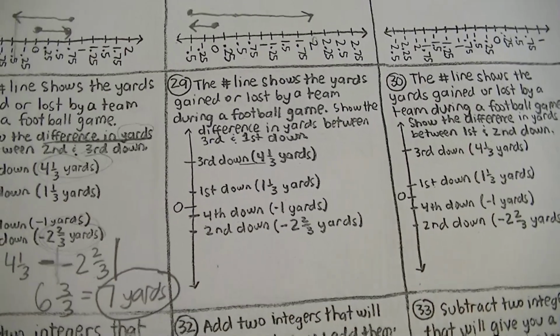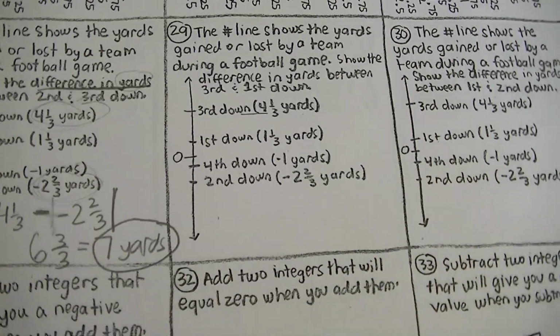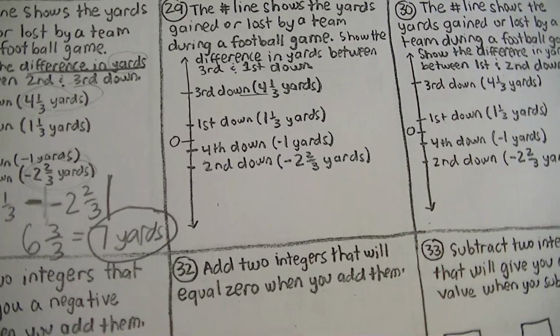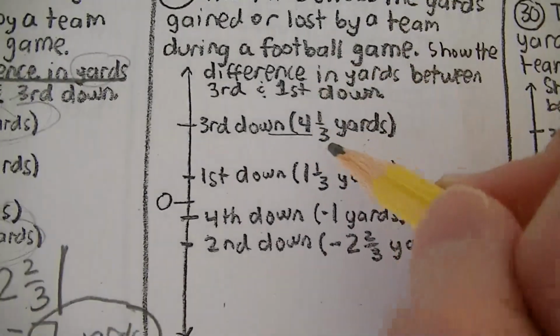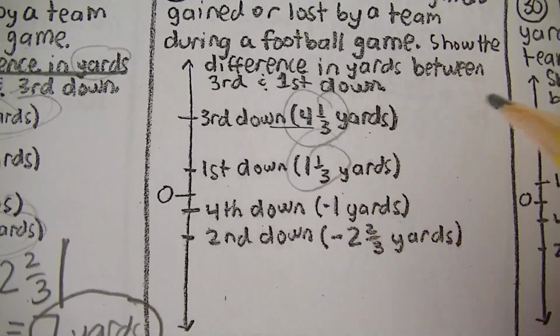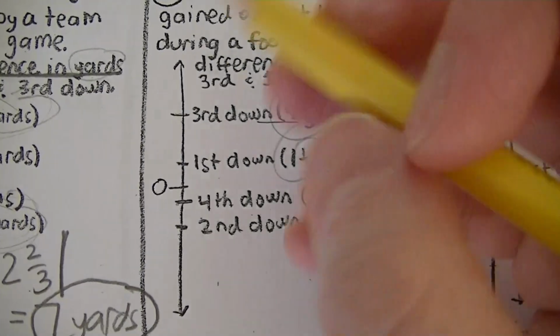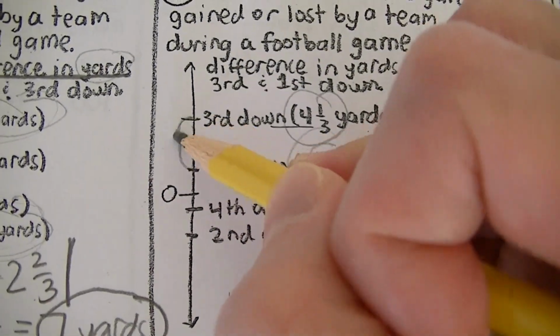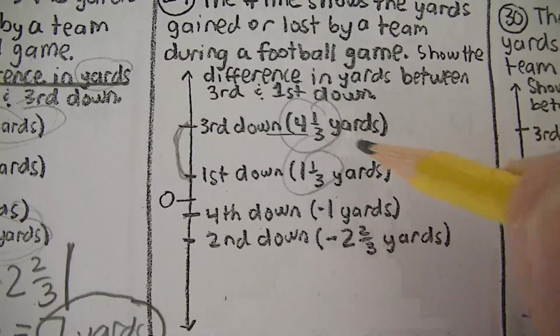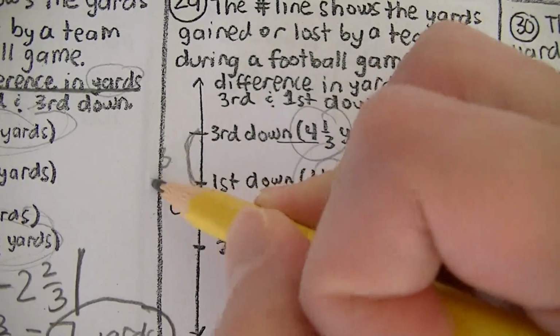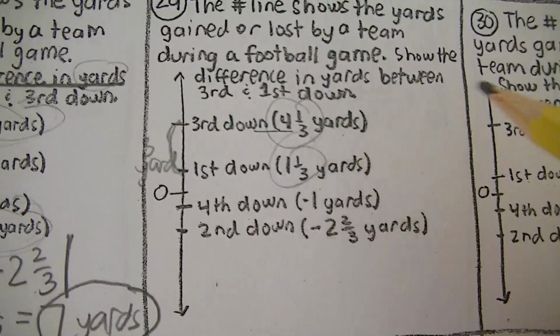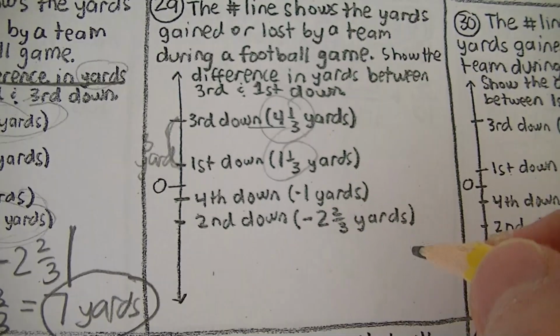29. The number line shows the yards gained or lost by a team during a football game. Show the difference in yards between third and first down. Oh, they're both positive. So we basically find the distance between there and there, okay? And the distance between there and there is 3 yards. I could tell by looking at it. But the way I showed you in class, we could have done it like this.